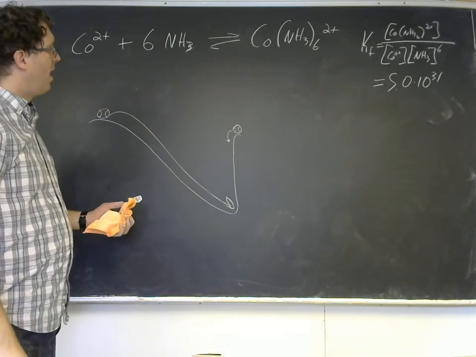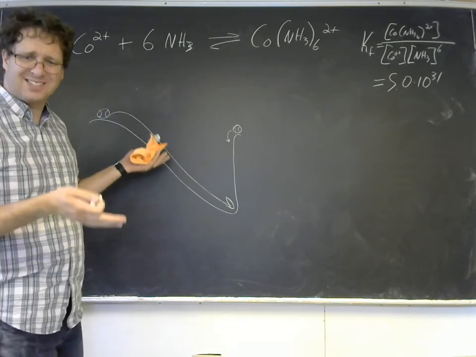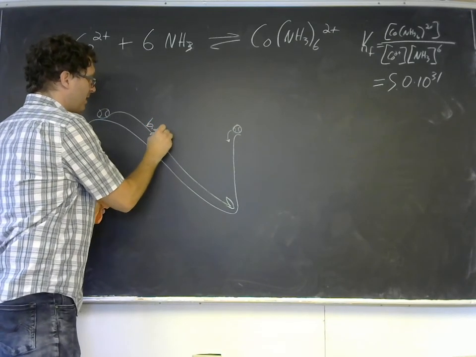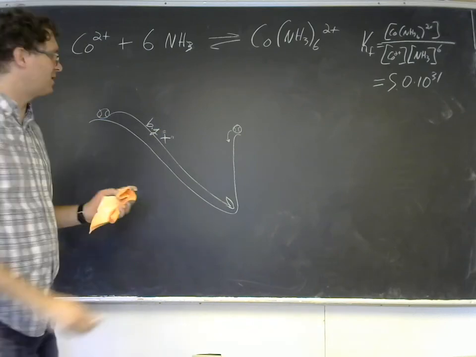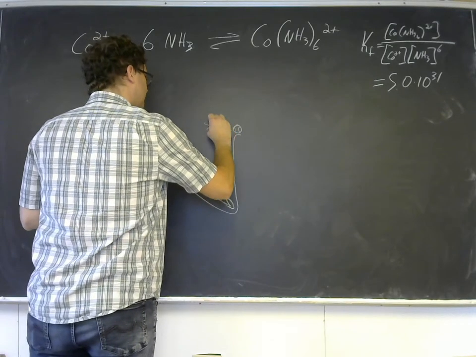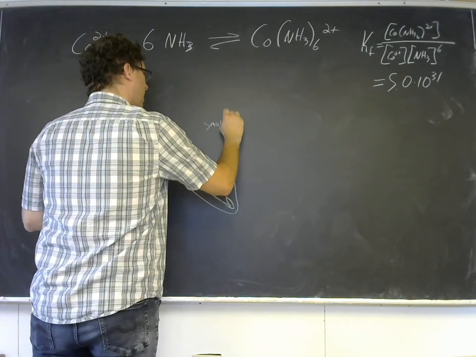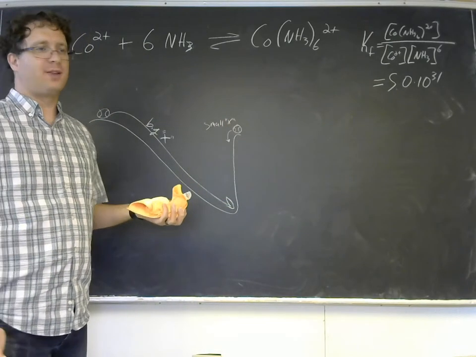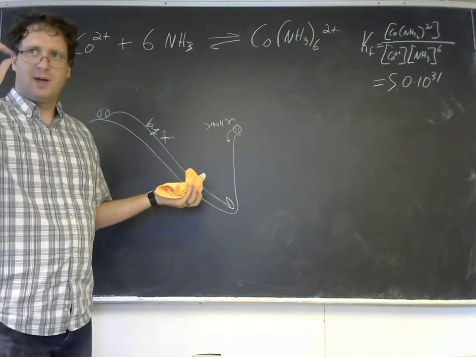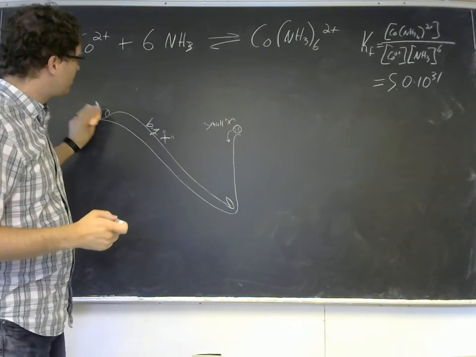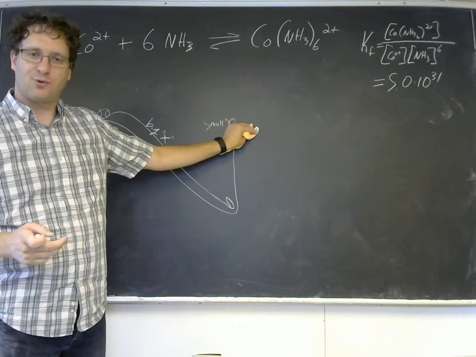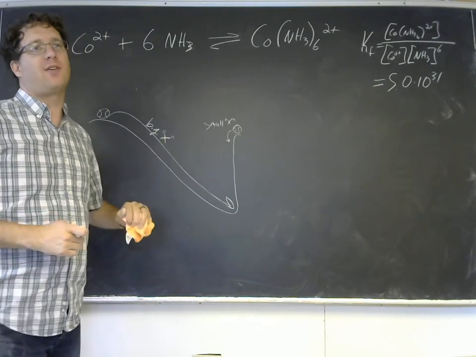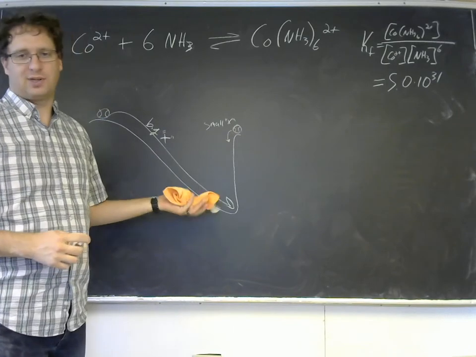And our problem was that x, our value for our change, was too big. So this is a big x, or a big change in our ICE table. This path here has a small x. And that just might make our math a little bit simpler. So what we'll do is sort of mathematically push the system as far as we can toward products and allow it to react backward, regenerating reactants in order to reach the equilibrium point.